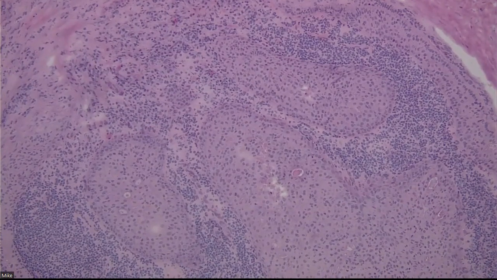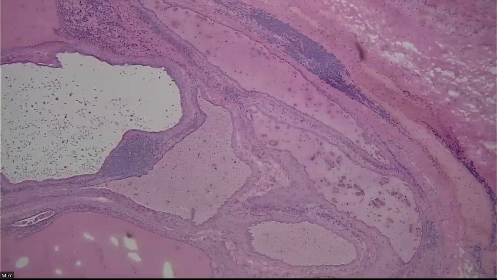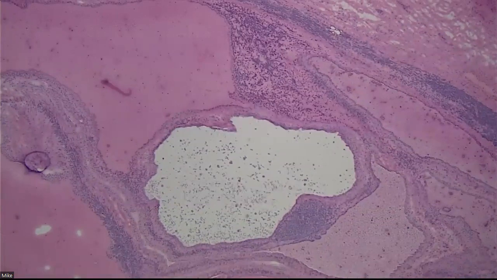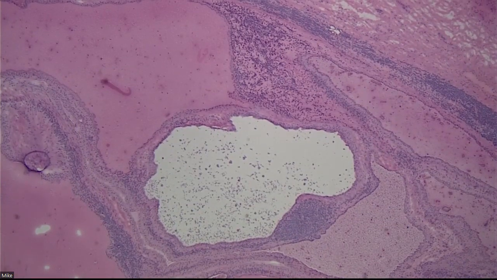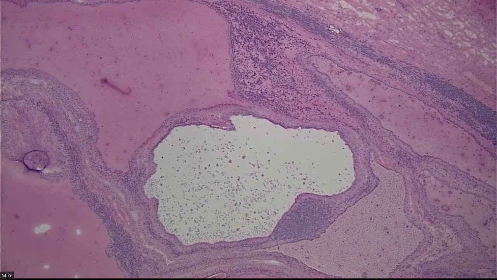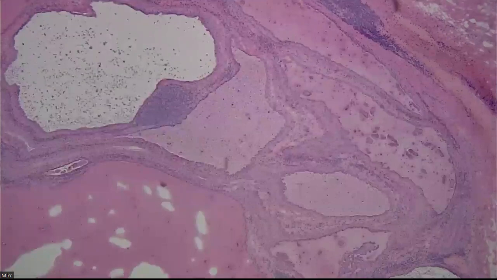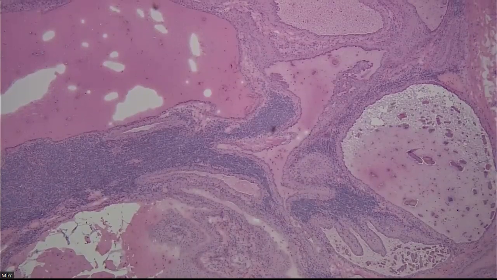Go where there's not so thick of a lining, maybe back to the cystic spaces where there's a thinner lining. Are they just like ducts? Go down a little bit, down this way. Yeah, go on higher power there.